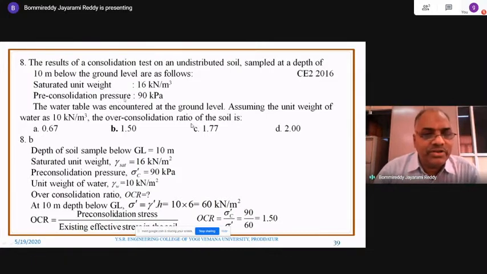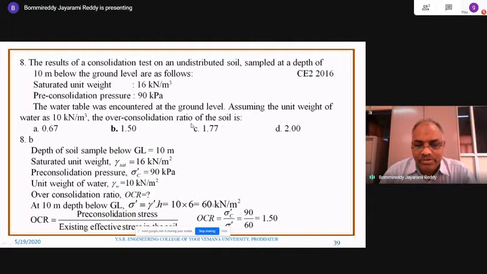Already soil is under pressure, that is called the pre-consolidation pressure. The water table was encountered at ground level. Assume the unit weight of water 10 kilonewton per meter cube. The over consolidation ratio of the soil is. So you need to find out the over consolidation ratio, OCR.